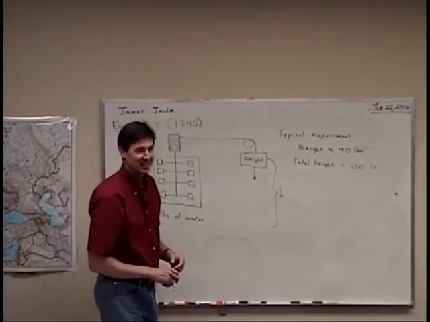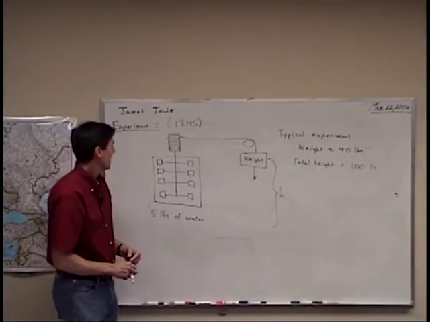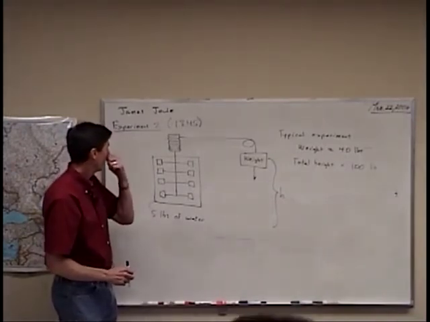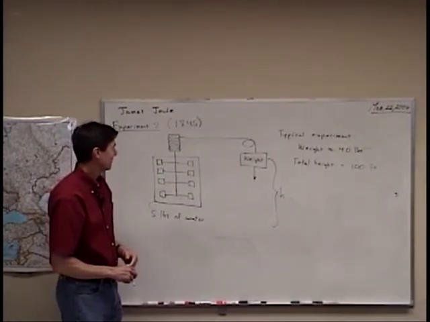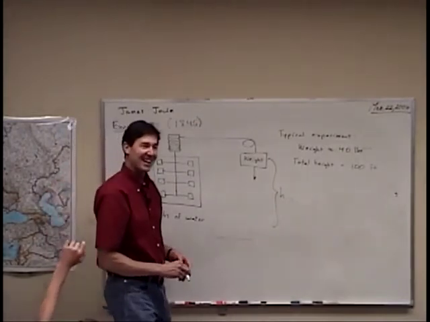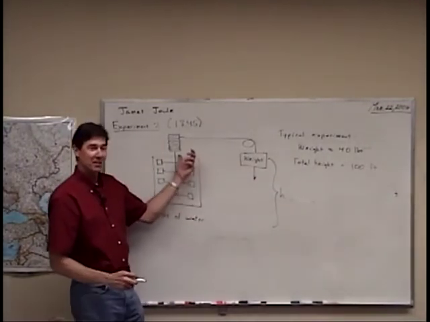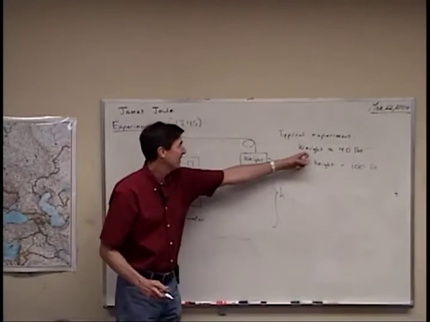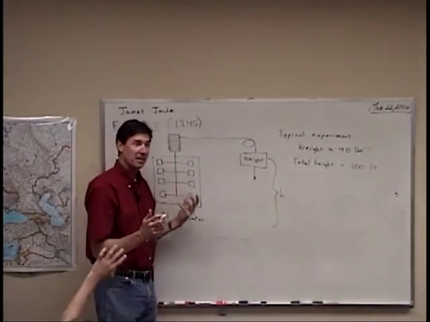Well, it turns out that it doesn't depend on how many times it turns around. There's obviously some relationship between the weight, the height, and the number of times it turns around.